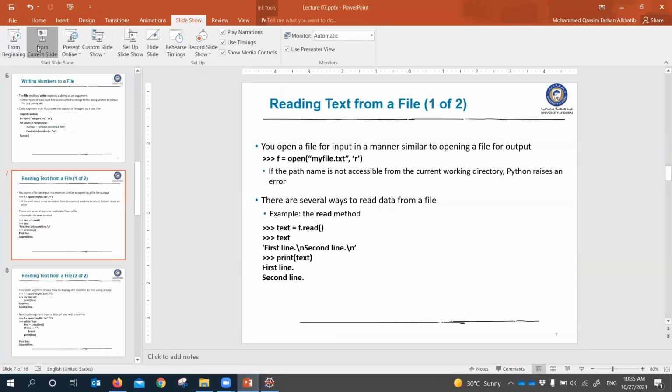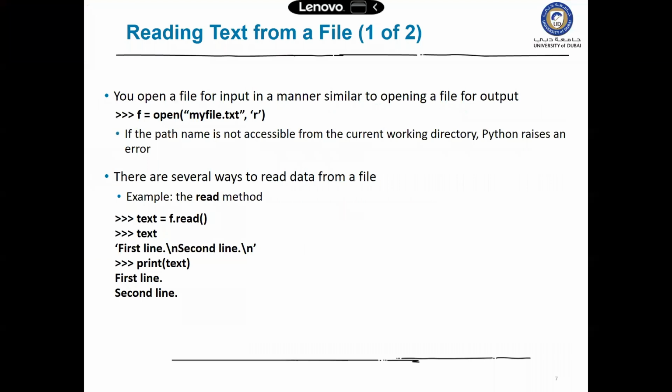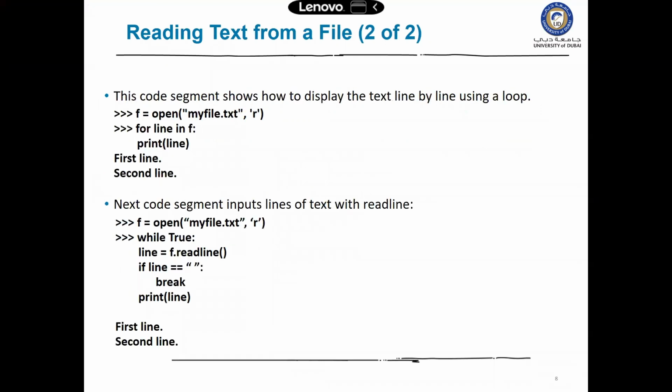Now let's see other means of reading it. We'll just mention them for the sake of clarity. If you want to do it line by line, using a loop, f equals open file is the same way you start.